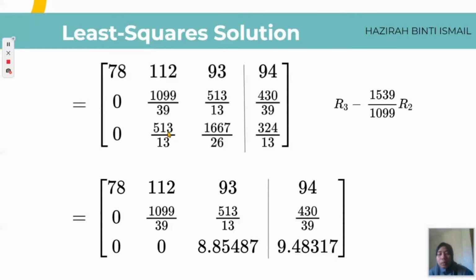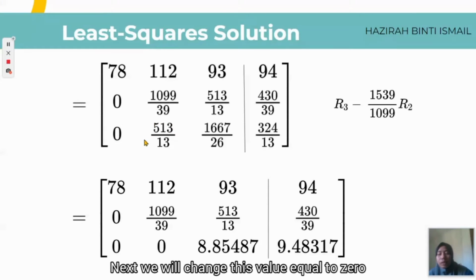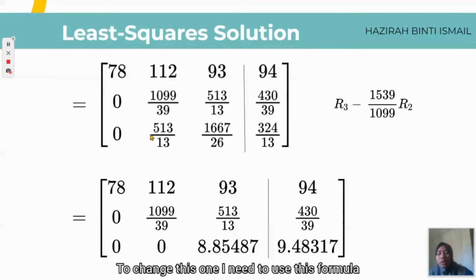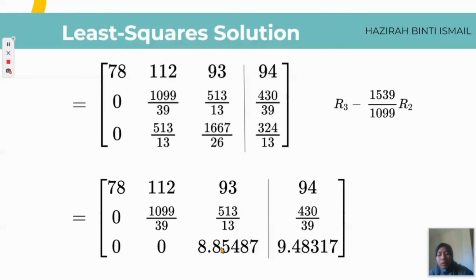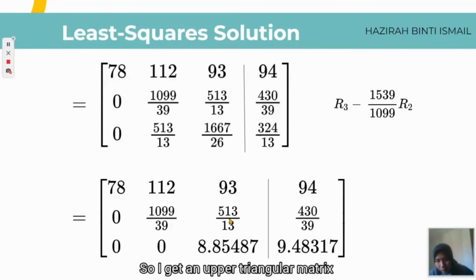So next we will change this value equal to 0. Okay, to change this one, I need to use this formula. So after that, I get here equal to 0. So I get an upper triangular matrix.